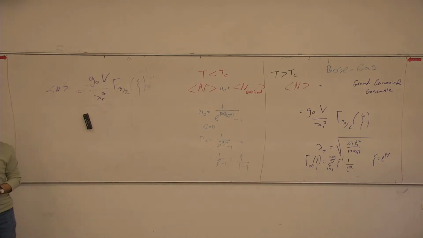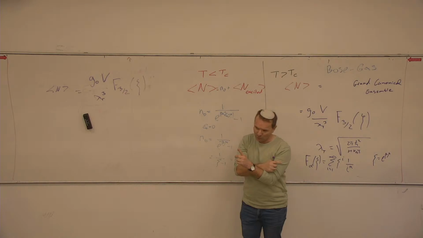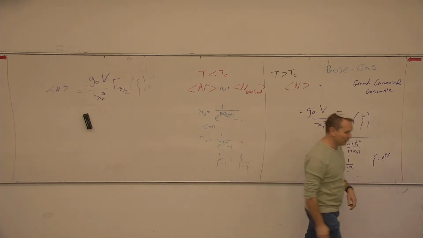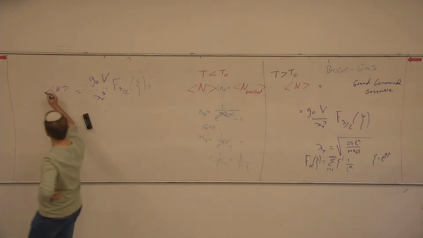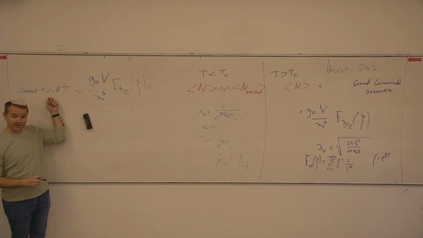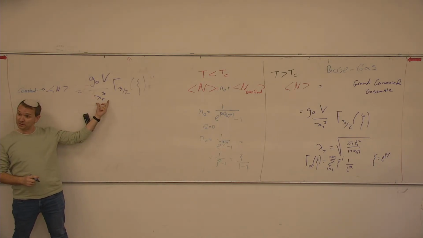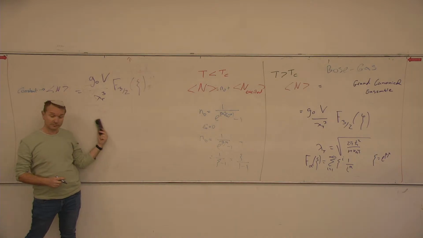It's not the average number of particles, because what we do is switch: we do not control mu, we control N. So set this to a constant. You choose it, and out of here you can compute what the critical T is.